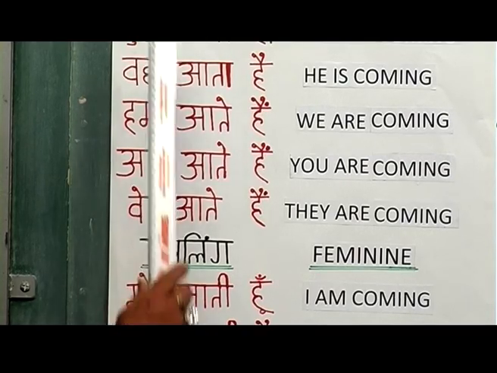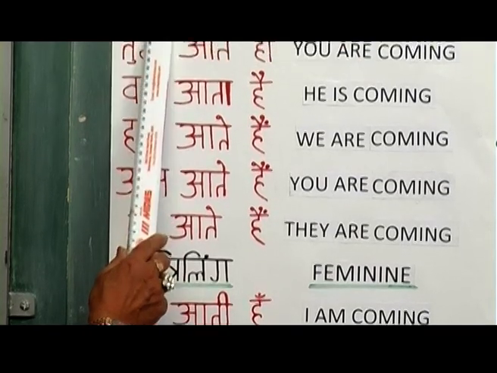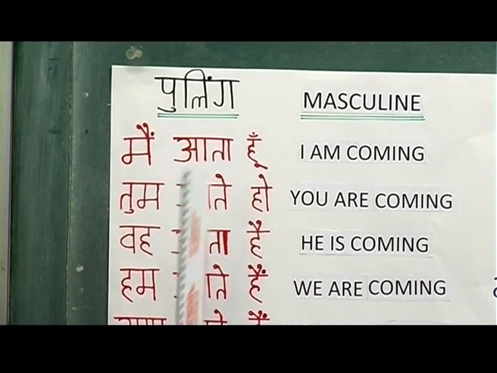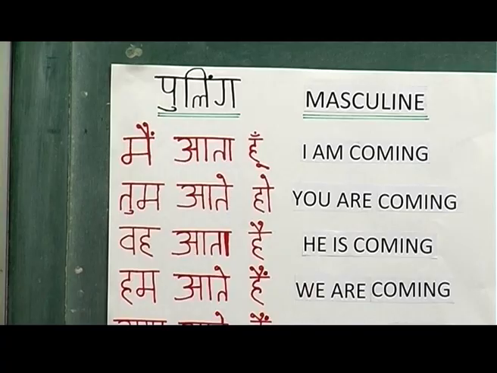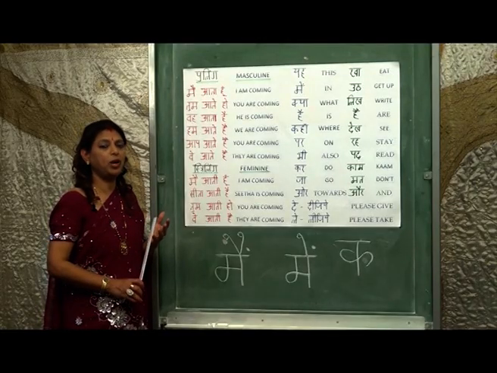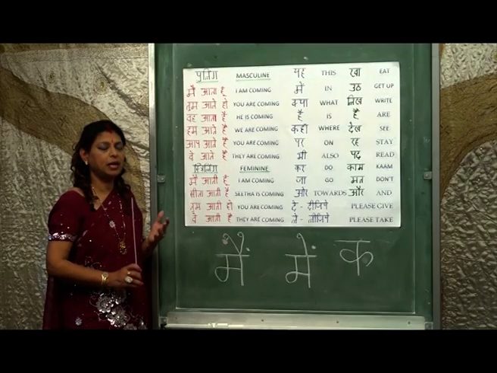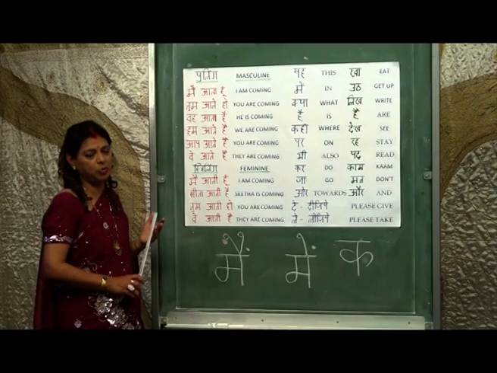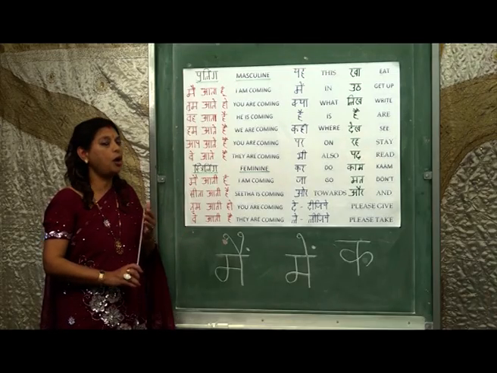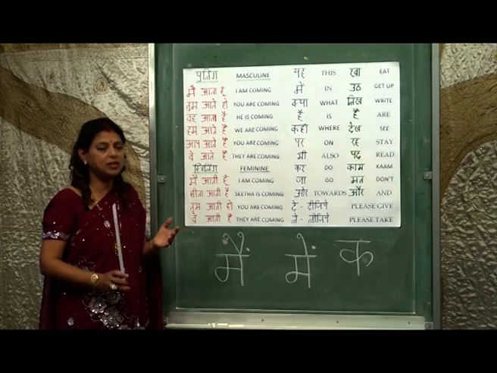Now the sentence reads here, मैं आता हूँ. Alright? Now you have basically understood from pronouns and verbs that the hoon always goes with me. No matter what type of sentence you are making or how long your sentence is, it doesn't matter.